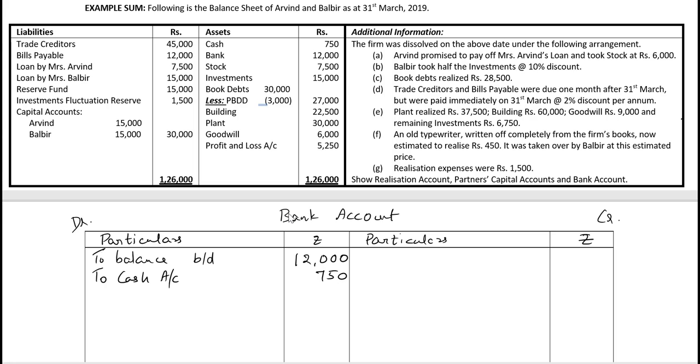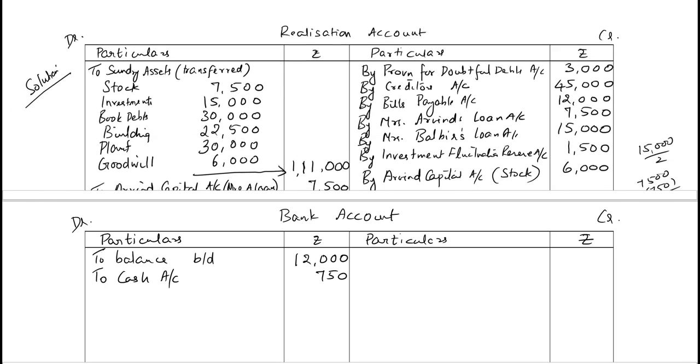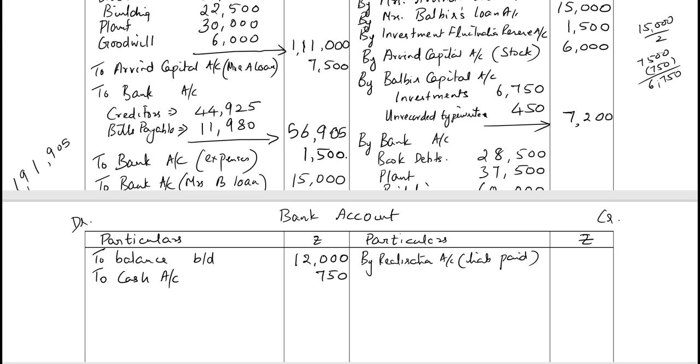Let's check out the cash or bank entries in the realization account. Liabilities paid off. Creditors and bills payable are paid 56,905. So by realization account, for the liability paid, 56,905.